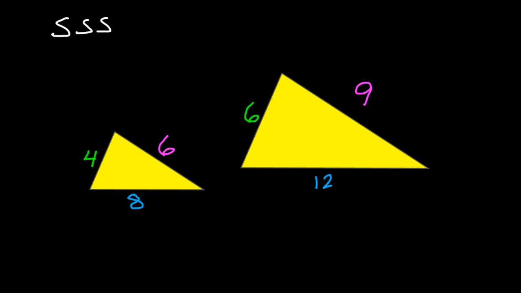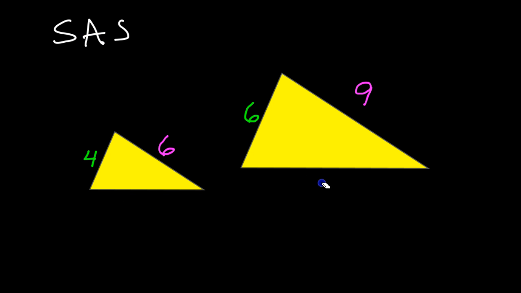Okay? Now, on the other hand, we have side-angle-side similarity. That means, again, we don't need all 6 pieces of information, the sides and the angles. We need 3 pieces of information. We need 2 pairs of corresponding sides that are proportional, and the included angle.